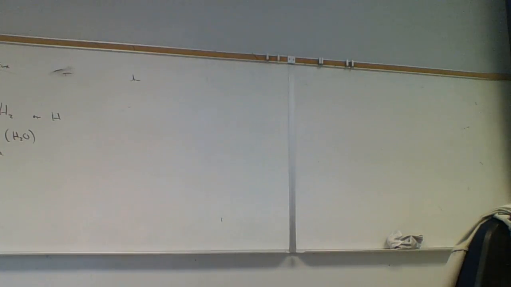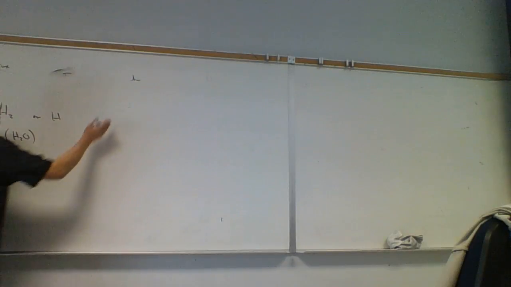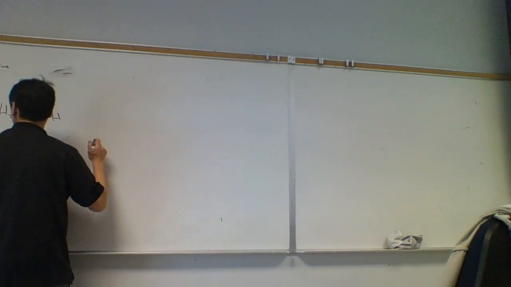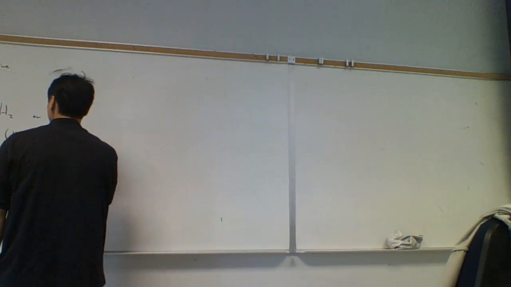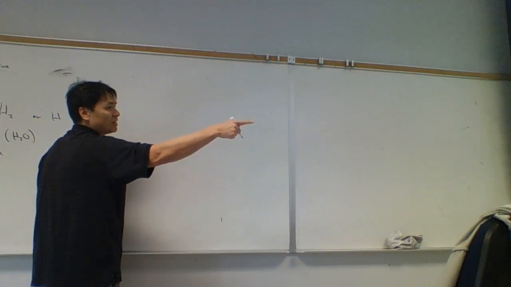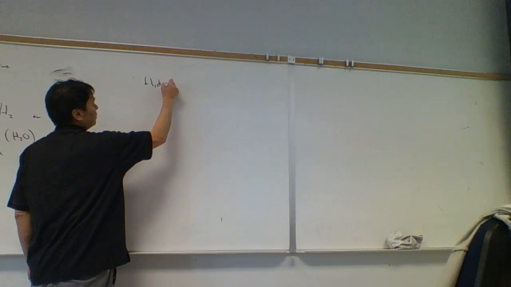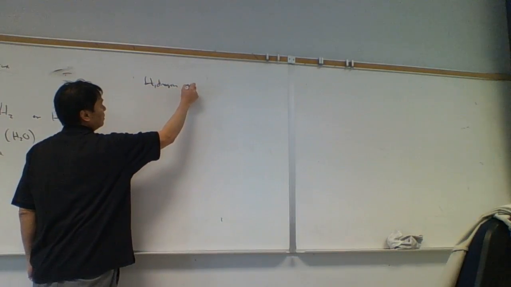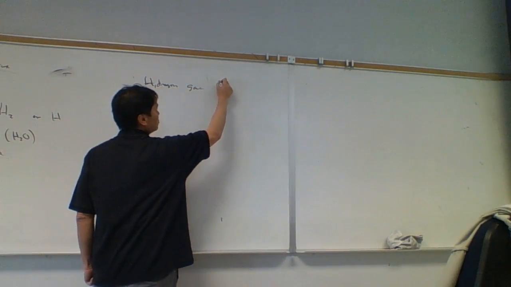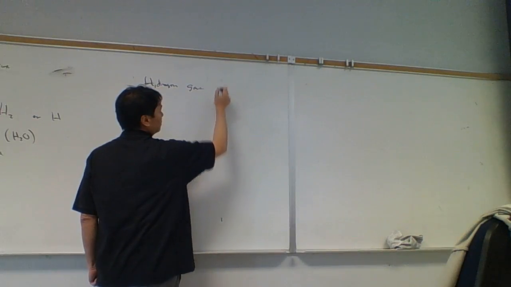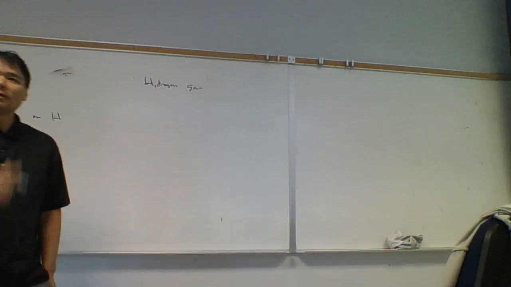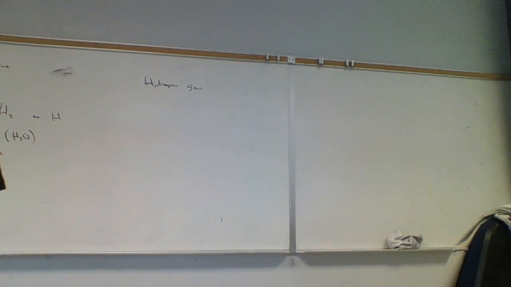And so we have to be a little bit more descriptive. Here, hydrogen in water is H2O, but if we had hydrogen gas, then we know clearly it's something different. Hydrogen gas would be H2, but what about H?